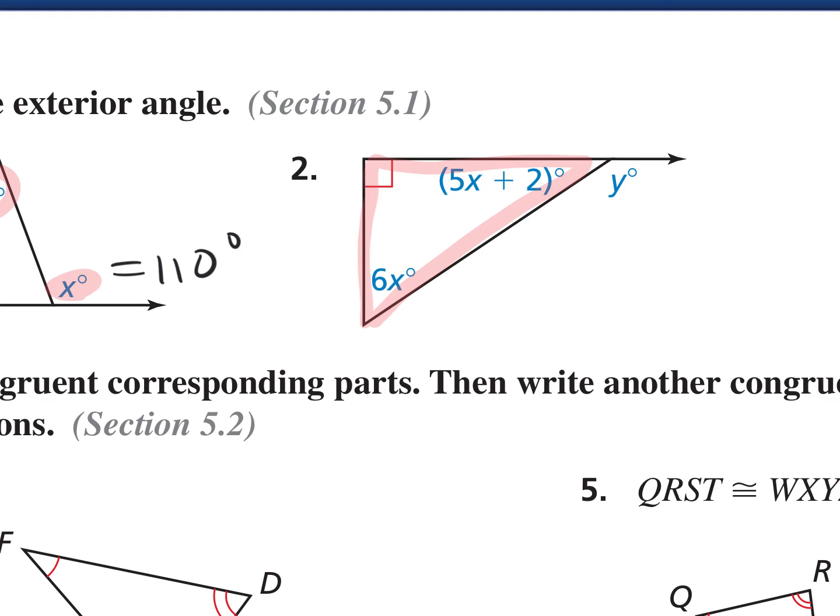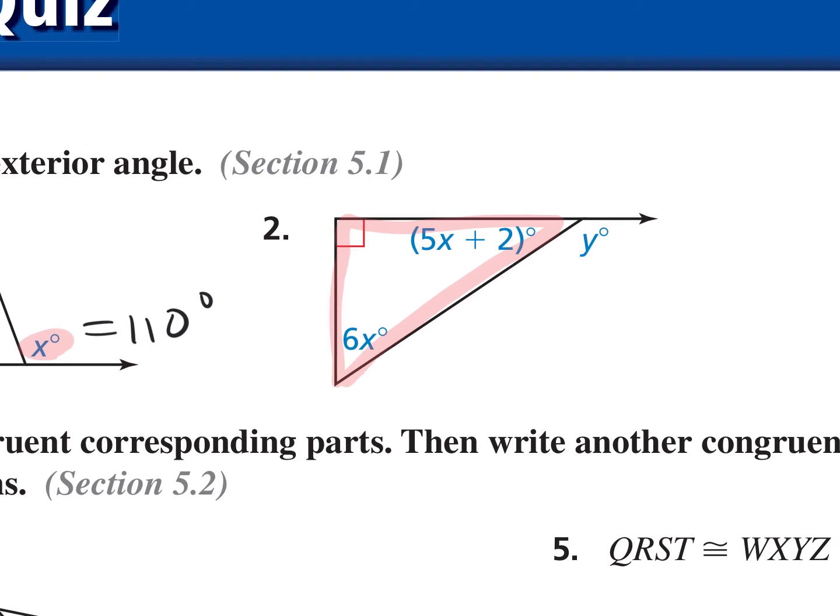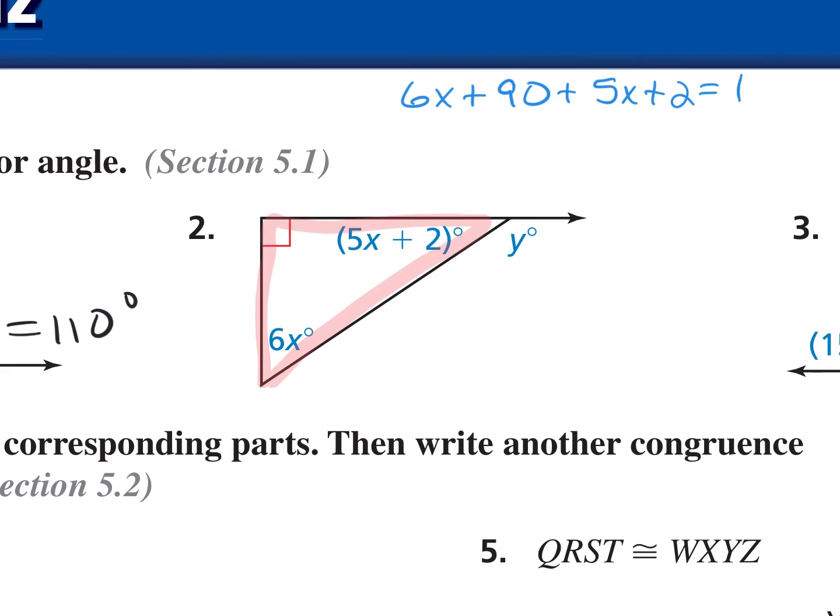If I just did the triangle sum, I'm going to add 6x plus 90 plus 5x plus 2 and set those all equal to 180. I know that the three angles of a triangle add up to be 180. So let me add my like terms.